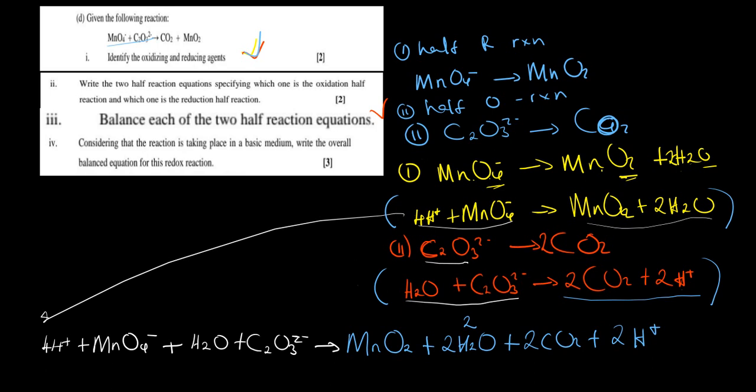The balancing of electrons should be done here. If you can see these charges here, here we have positive 4, then here negative 1, so that will give us 3. But at this point we have 0, they are all zeros on this side, so put 3 electrons there.